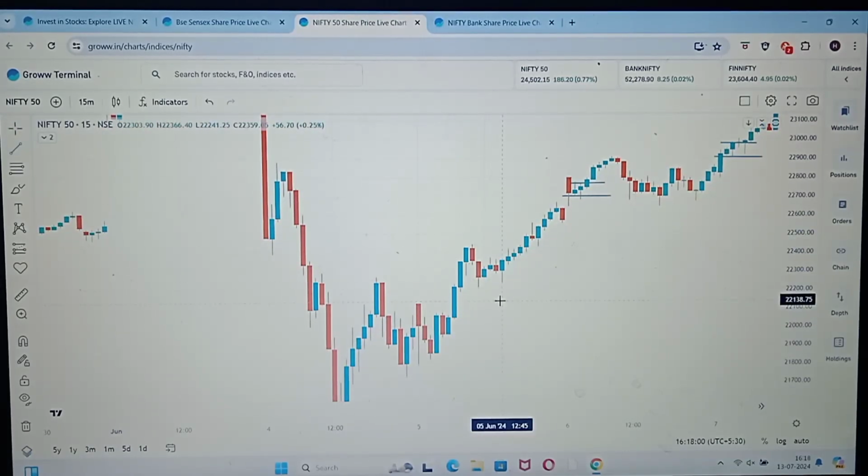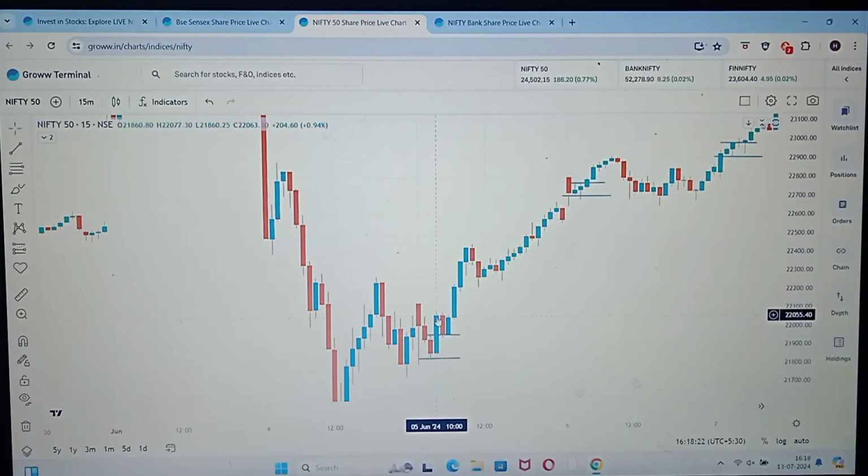Then on 5th of June, 9:45 high and low, marking the high and low. The 10 a.m. candle you can see at 21,960 mark.